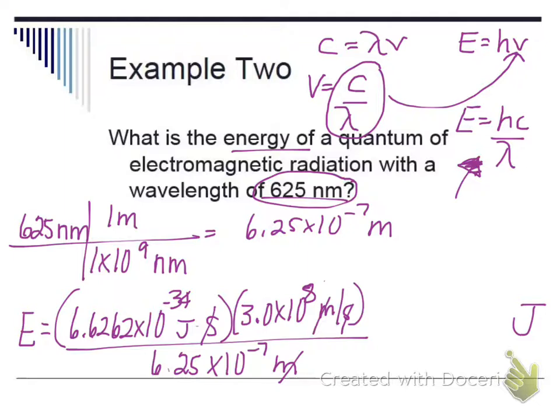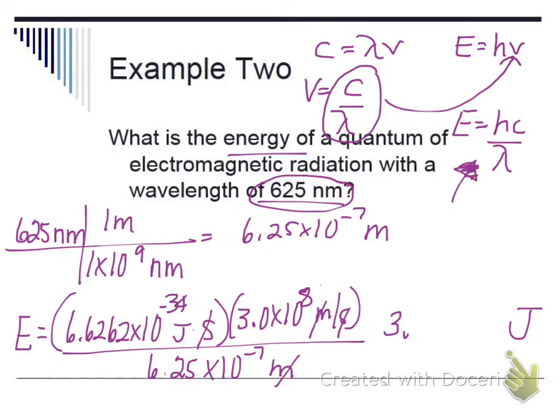Here we go. Times the speed of light, and then divided by the wavelength. And I get 3.18 times 10 to the negative 19.